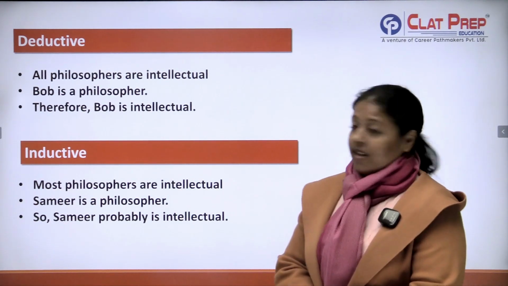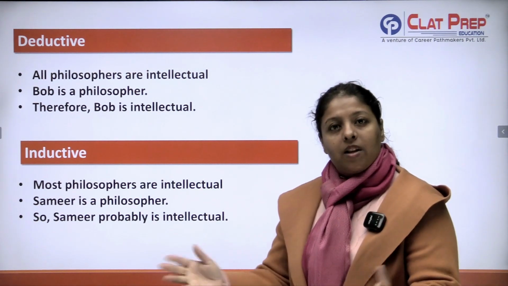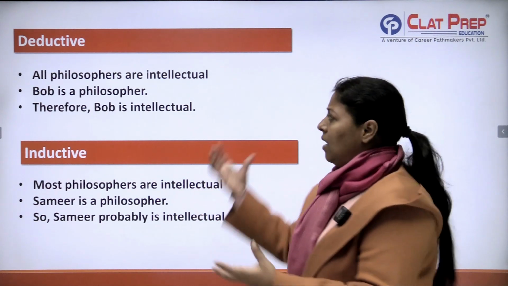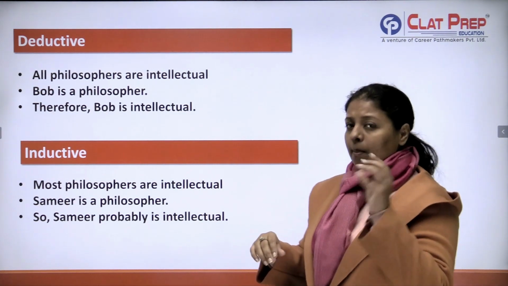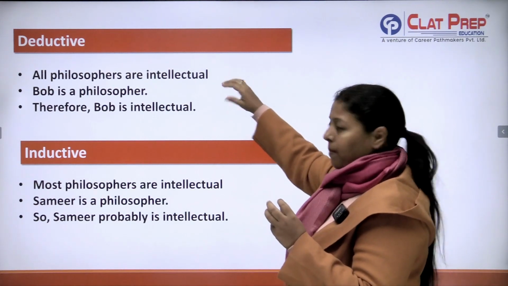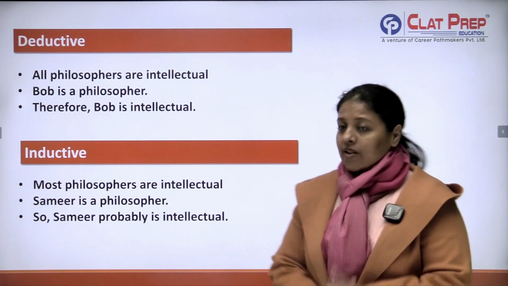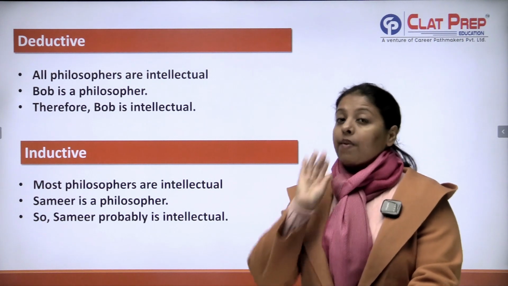All philosophers are intellectual. Bob is a philosopher, therefore Bob is intellectual. Very simple question. Two statements are given. So basically when it comes to logical reasoning, this is known as the premise and this is the conclusion. The premise arguments are saying that all philosophers are intellectual and Bob is a philosopher.